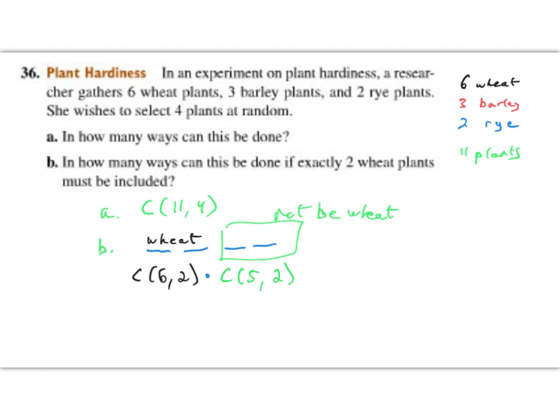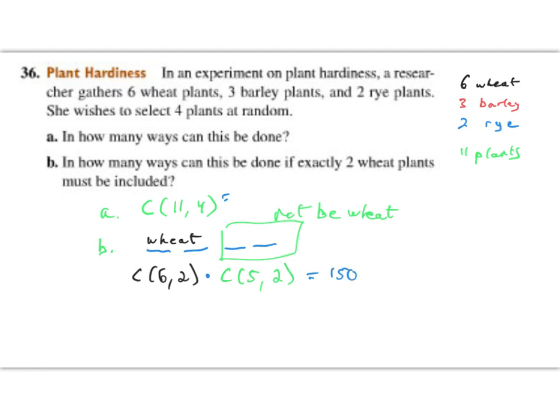And I'm going to multiply that result together in order to come up with an answer here. So combinations of 6 choose 2, multiplied by 5 choose 2, you're going to get 150.